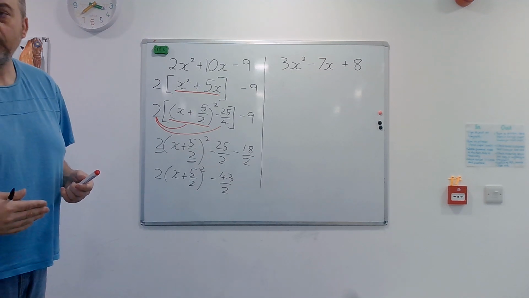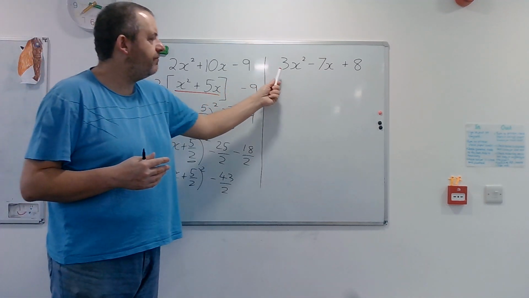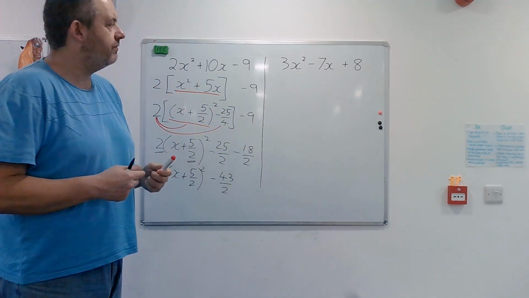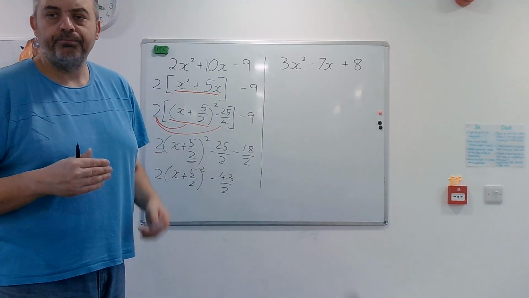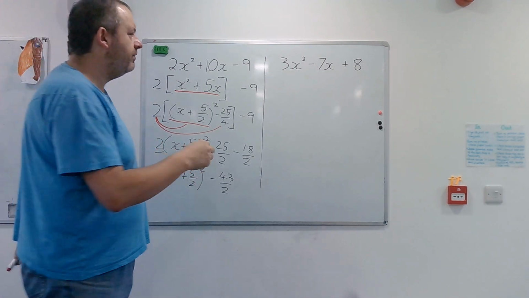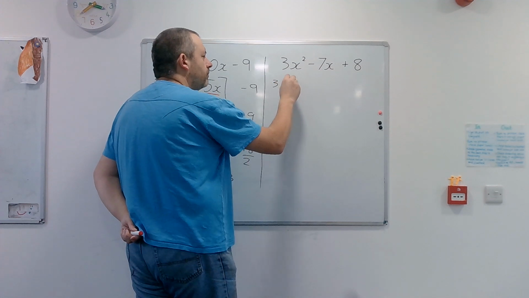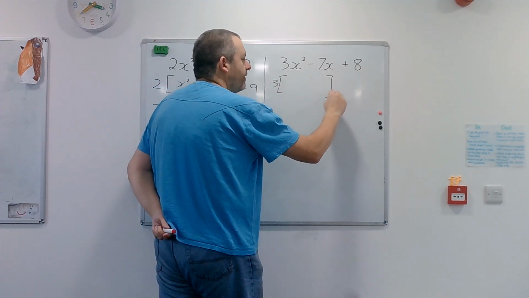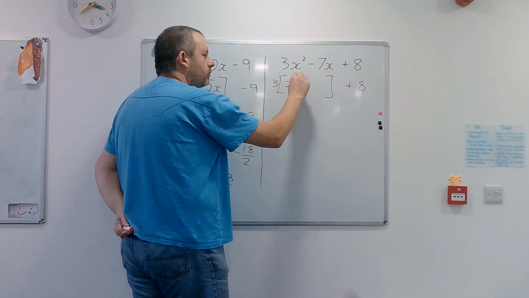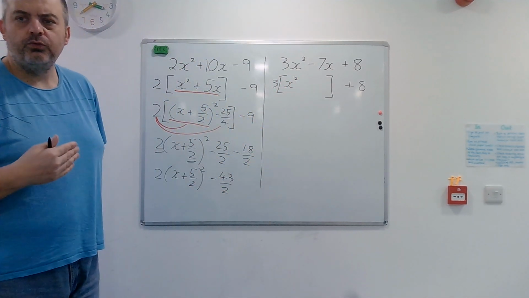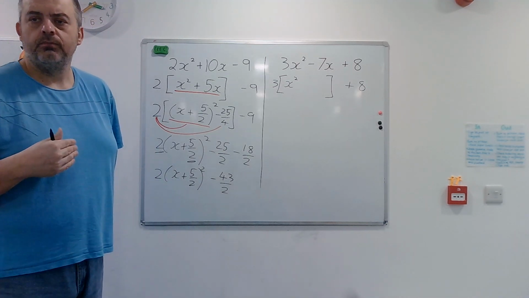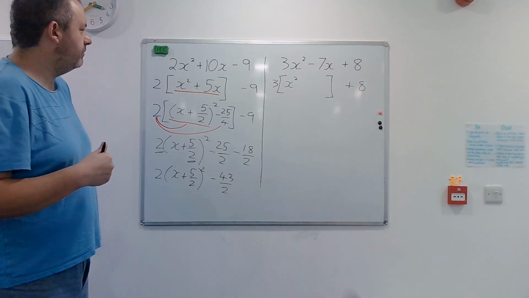When it's a slightly harder looking one, when the coefficient is not a factor of the coefficient of x, carry on. It doesn't matter, but stick with fractions, because otherwise taking a 3 out would get very messy. Take a 3 out. Now, when you take a 3 out of 7, it doesn't work. 3 does not go into 7.